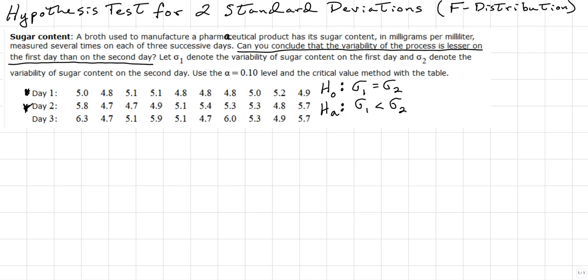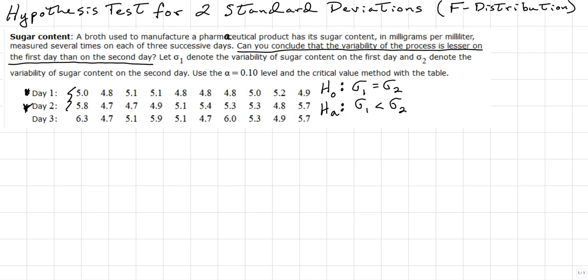Now, what I'm going to recommend first is to go ahead and calculate your F statistic before finding the critical value in the table. Reason being is that sometimes when you are doing a problem like this, you don't have the same number of data values in each of the populations.